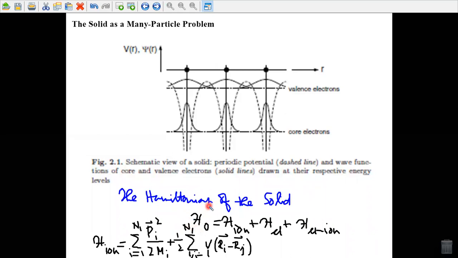So here H0 is nothing but the Hamiltonian for the ions, the Hamiltonian for the electrons, and the Hamiltonian for the electron-ion interaction.